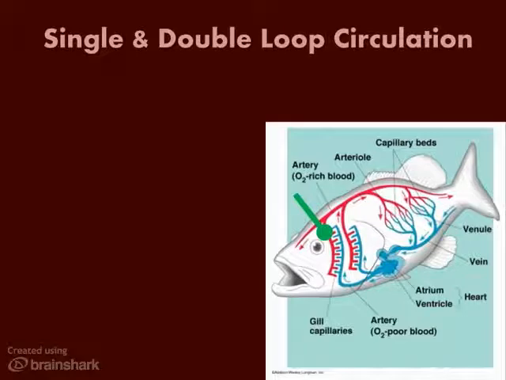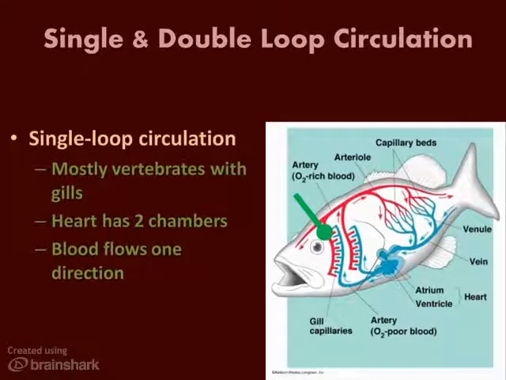Now, most vertebrates with gills have a single loop circulatory system. And remember, vertebrates with gills are fish and tadpoles for the most part. In this system, as its name implies, blood flows in a single loop through the heart in one direction only. The heart has two chambers, and as we said, blood flows in one direction.